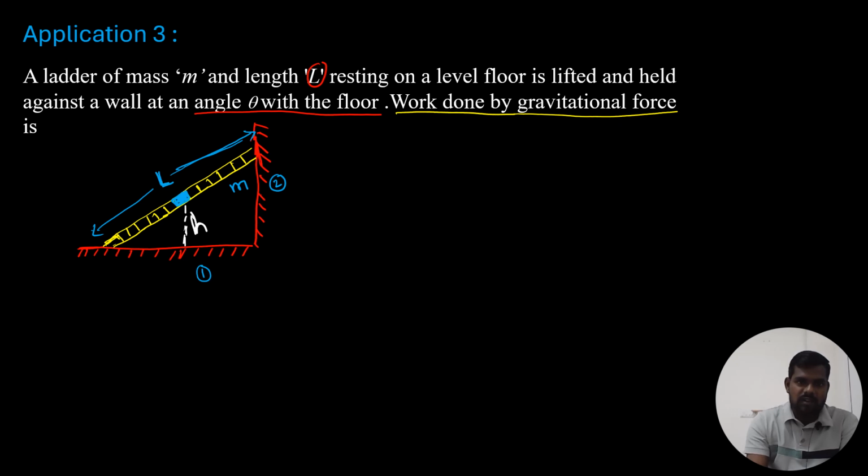One more thing, I forgot to draw the theta here. In the question, the angle theta with the floor means this ladder is making some angle theta with the floor, like this. So from this position to this position, because the mass is exactly at the center, the length here is L by 2.